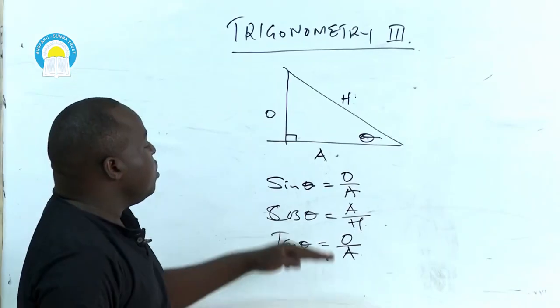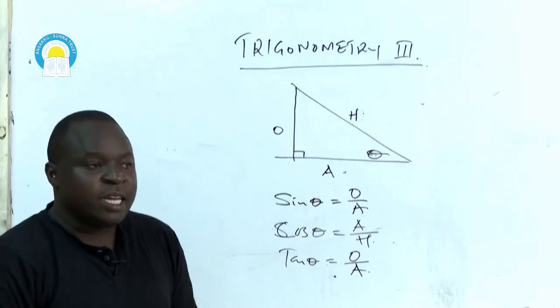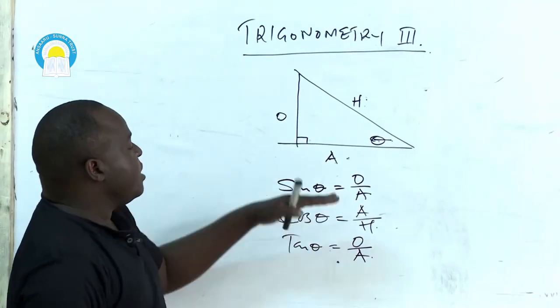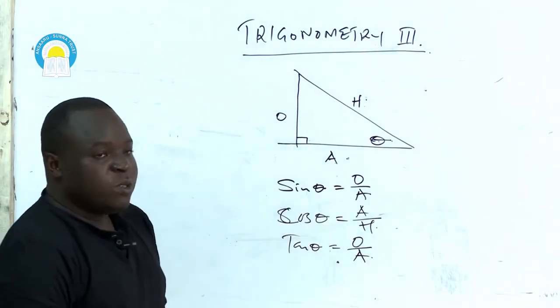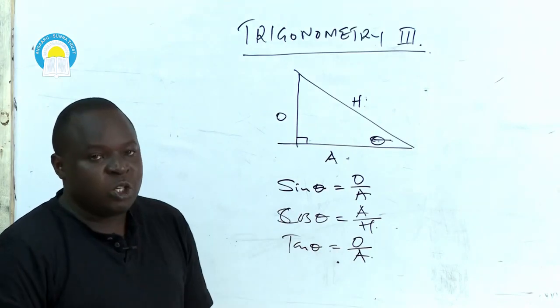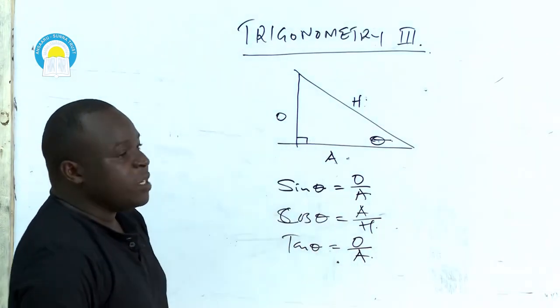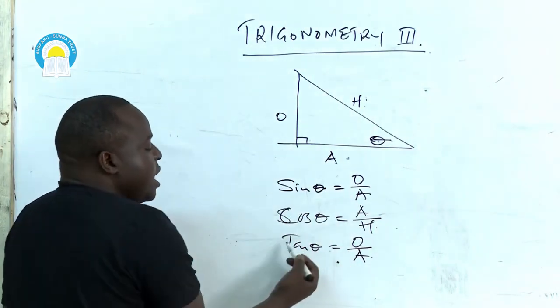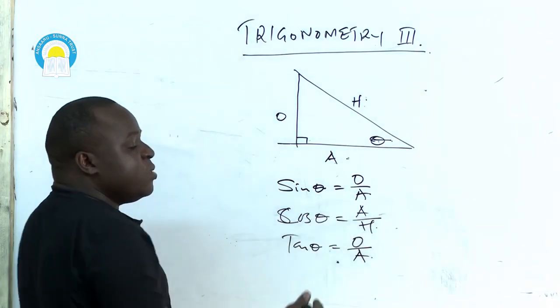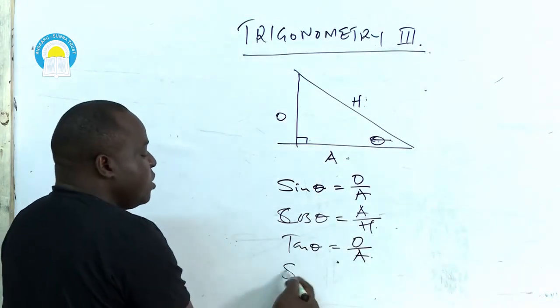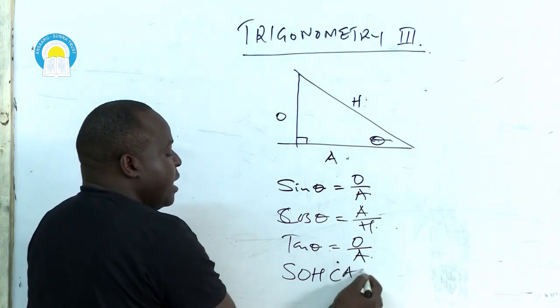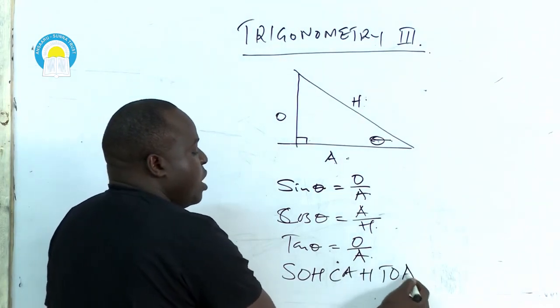From your Form 2, you should know this in detail. I don't think as a Form 4 there is time to go very much deep into this, explaining every part. You should have an idea of what I'm explaining about. So there was a general form of all this, just to summarize, which was in the form SOH, CAH, then TOA.